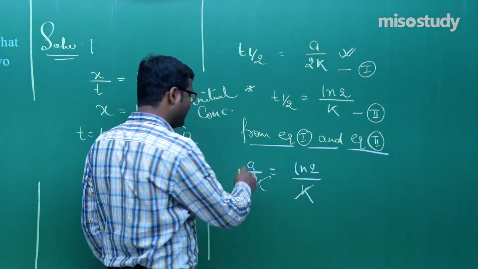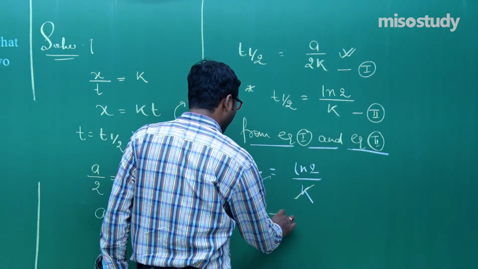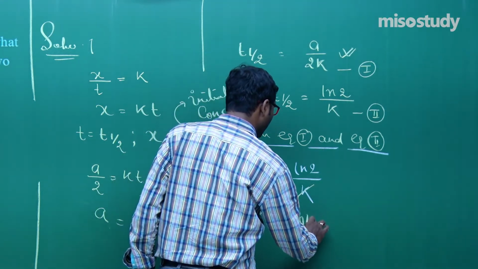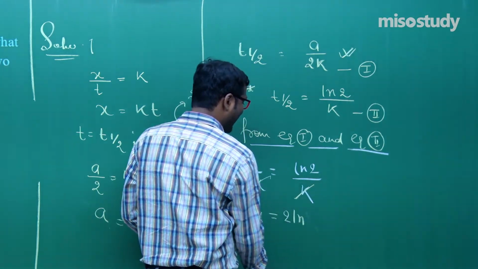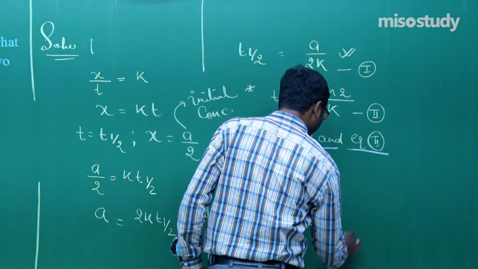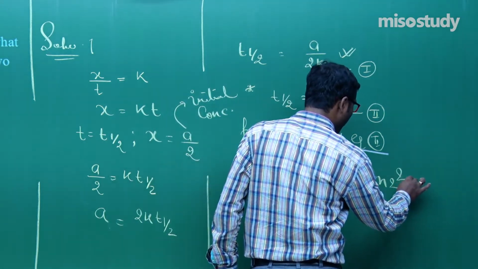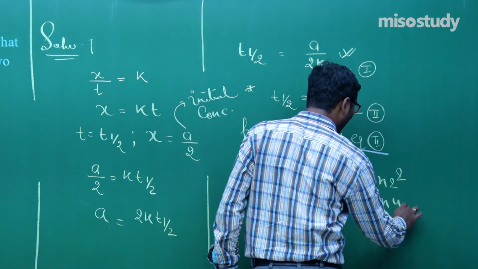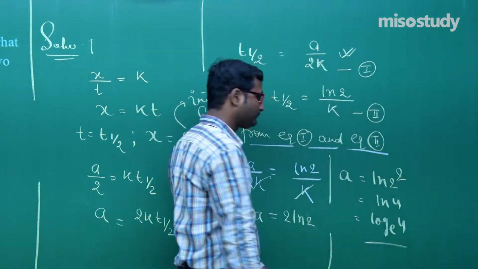This k will cancel, and we can say a is equal to 2 ln 2, or it can be represented like a is equal to ln 2 to the power 2, that is ln 4, or it can be written like this, log e 4.